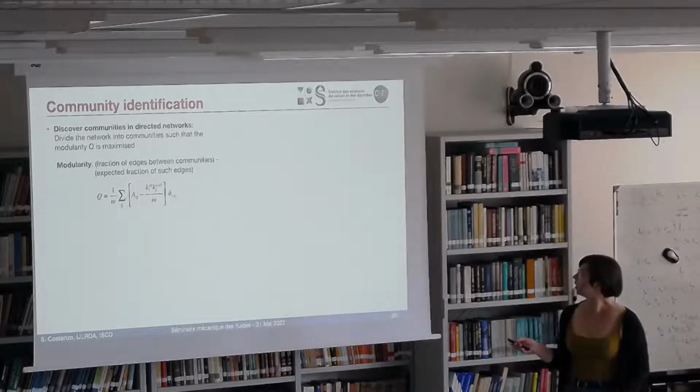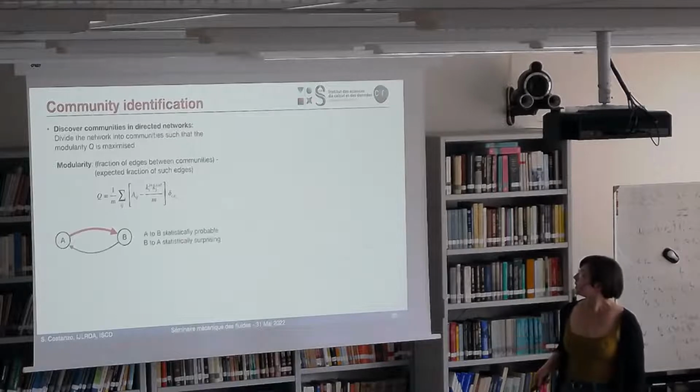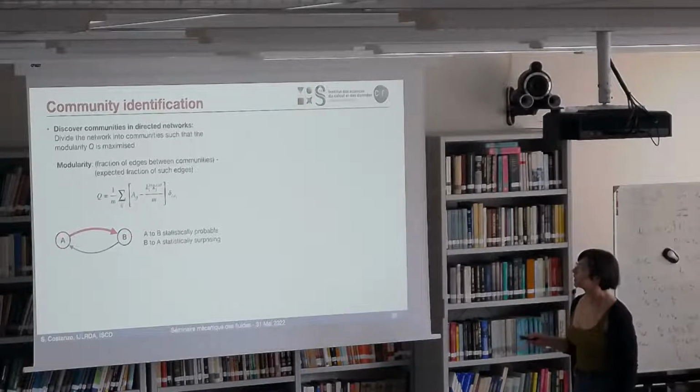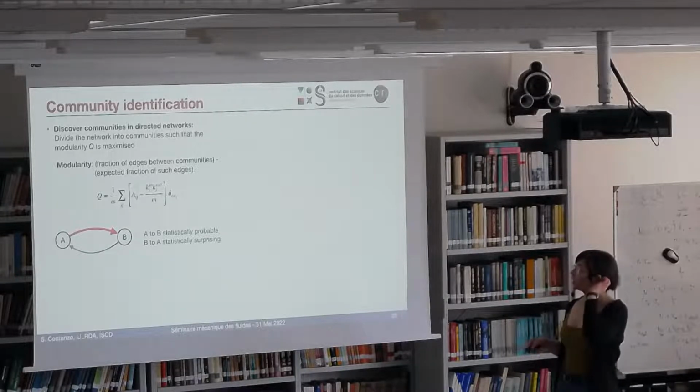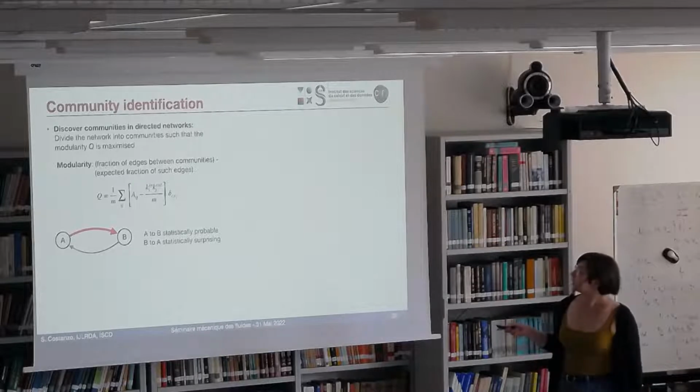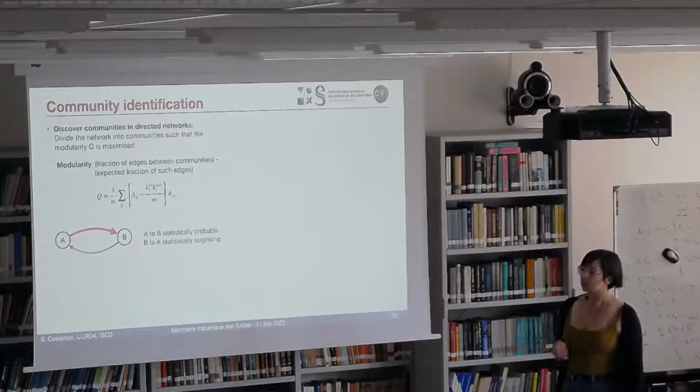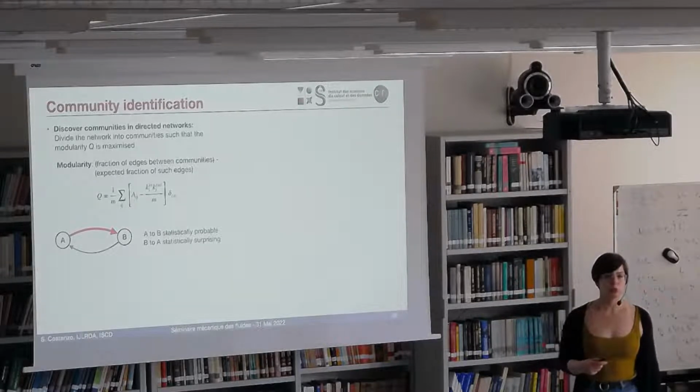Okay. So, for example, here we can have two nodes connected by two edges. We can see that A to B has a bigger weight, meaning that this is statistically probable. But if we have B to A, and this exists in our network, it's statistically surprising, giving a higher contribution to the modularity. Okay.